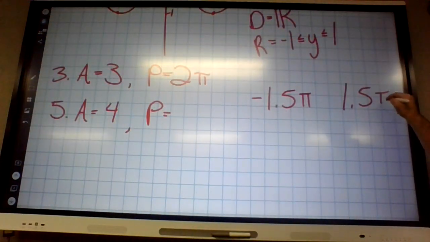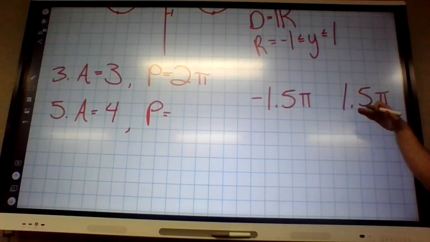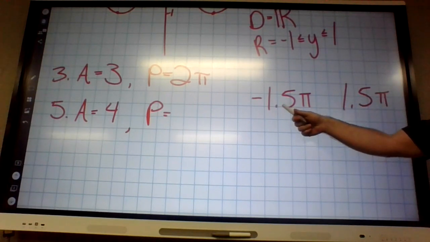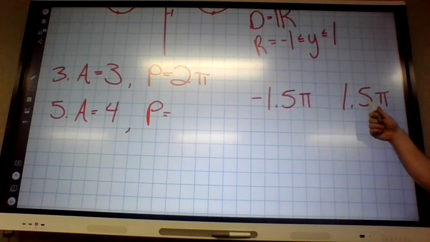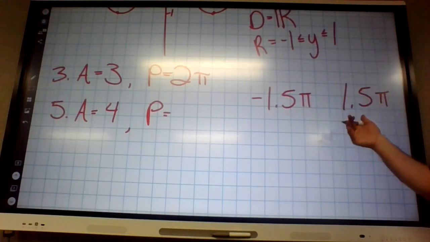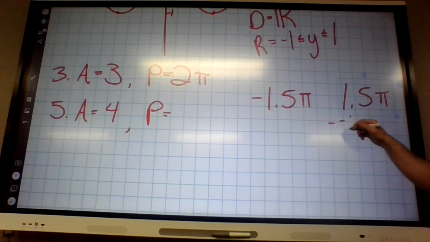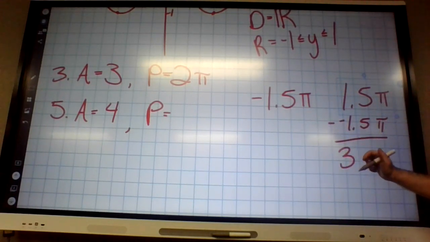So how far is it from negative 1.5 pi to 1.5 pi? How far is this from 0? 1.5 pi. How far is that from 0? Altogether, 1.5 plus 1.5 is 3 pi. You could think of it as this minus that, but anyways, 3 pi is the period.